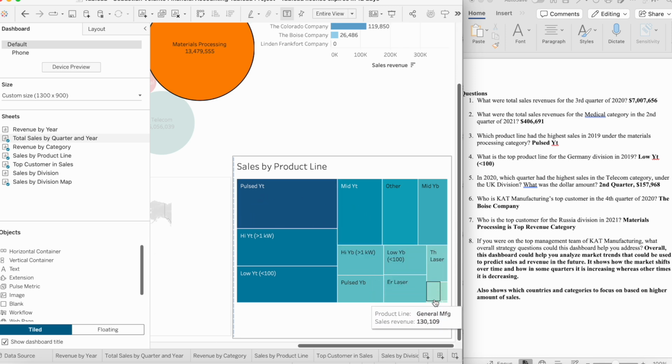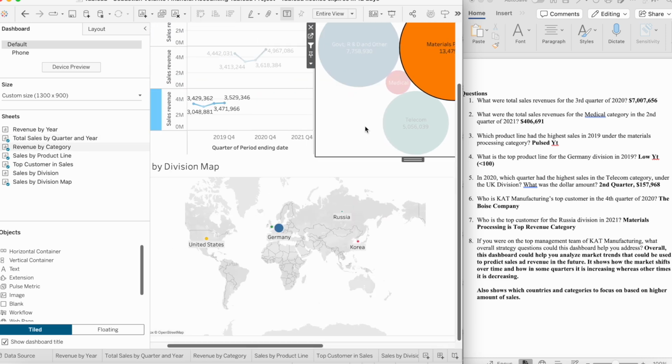And we know this for multiple reasons, because it's in the top left corner, because it's the darkest blue color, and because when you hover over it, it shows a number. So the lowest shows that their sales revenue is $4,893 versus the pulsed YT is $2,582,529. And then I'm going to clear out of these.